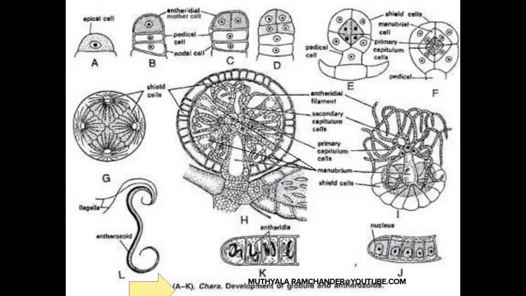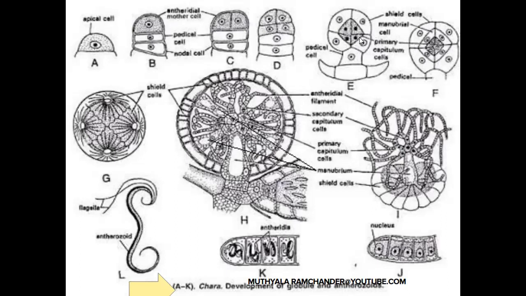See, initially only one apical cell participates in the mitotic division to form 2 cells. The 2 cells again divide to form 4 cells, then 8 cells, then 16 cells.